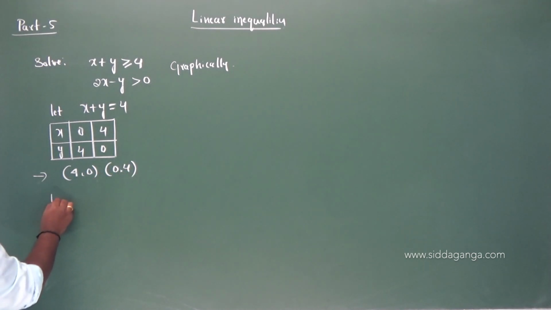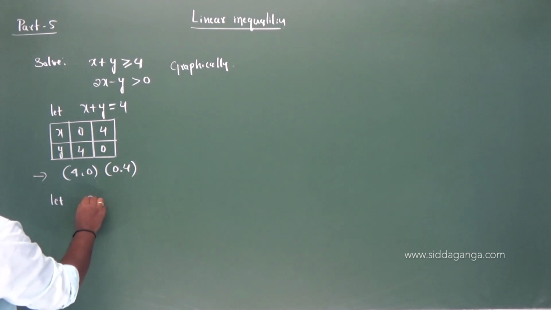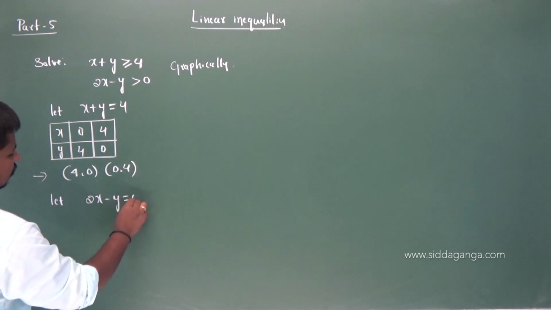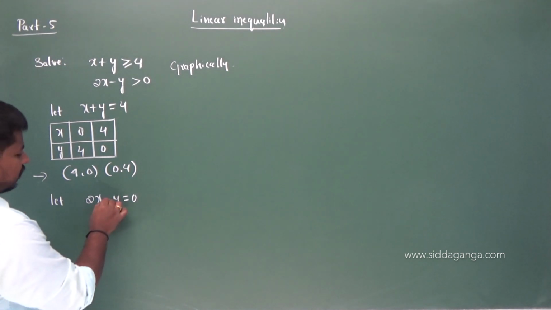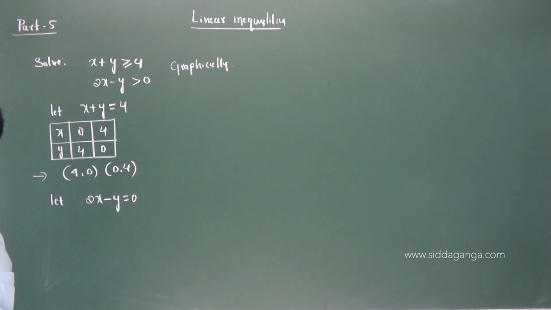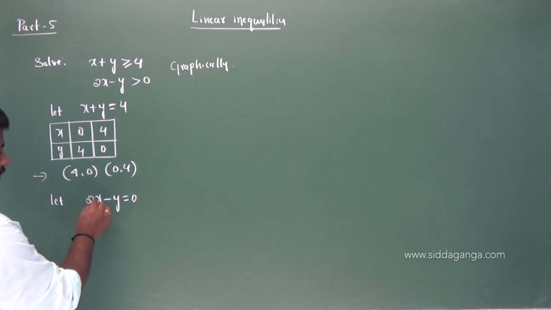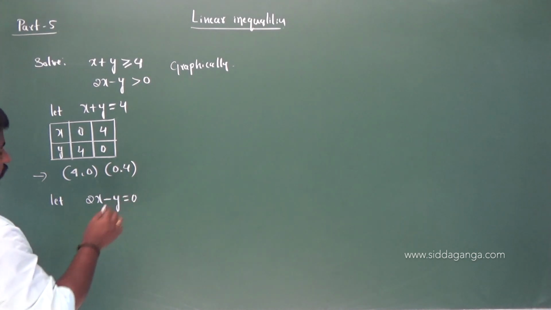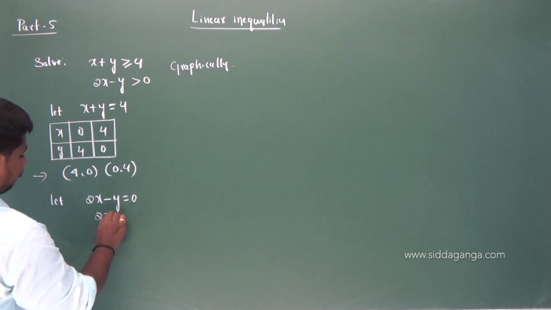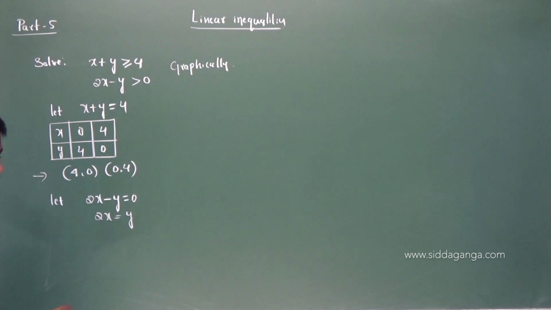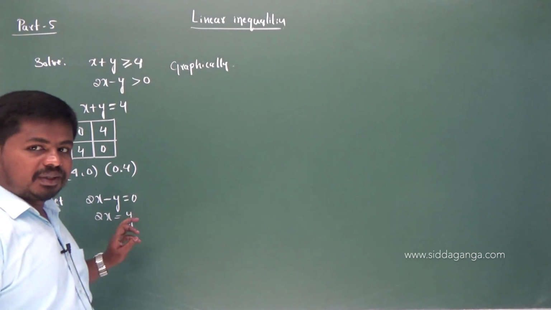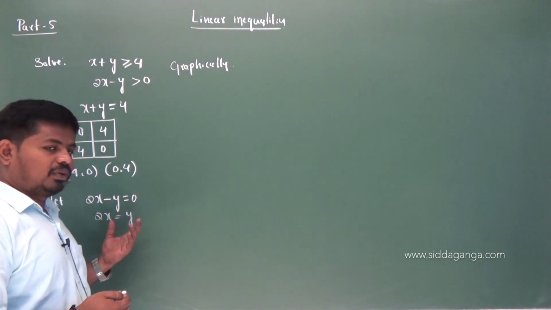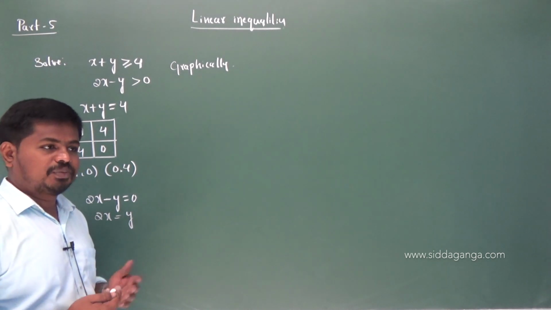The second line is 2x minus y equal to 0. Students, it's very important: whenever we have this type of equation, it is always passing through the origin, because it is the same as y equal to 2x.